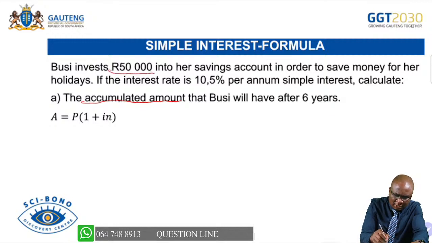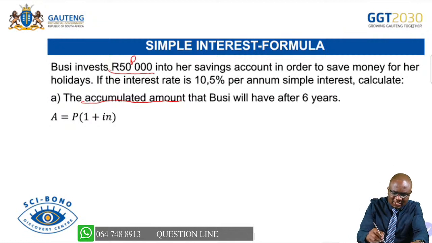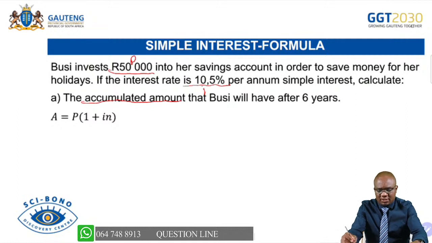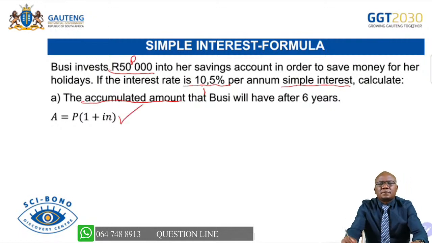What is the 50,000? This is our P. Into a savings account in order to save money for her holidays. If the interest rate is 10.5%, what is this? This is the I. Per annum, simple interest. Very important. Okay. Calculate the what? The accumulated amount. And then you have written the formula. There's a mark for writing the formula.